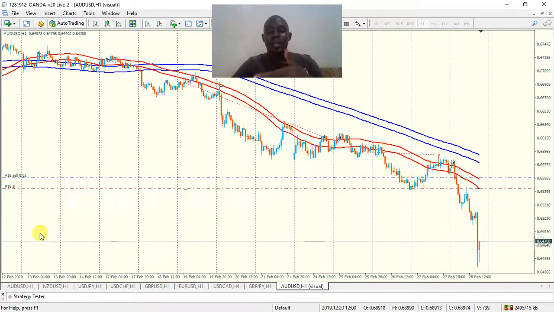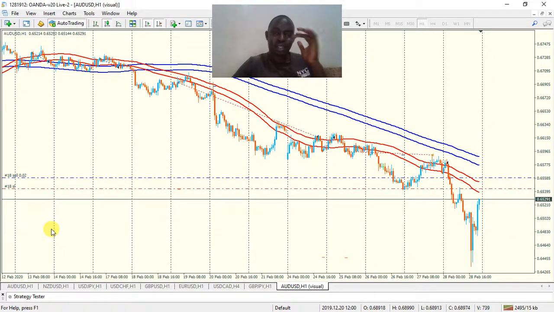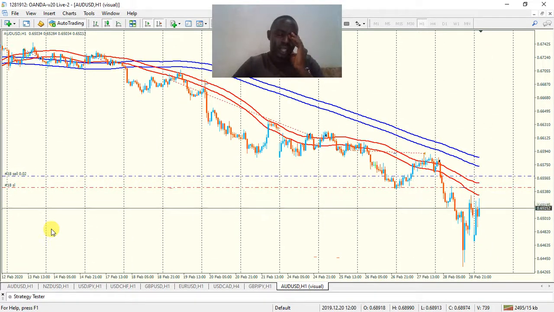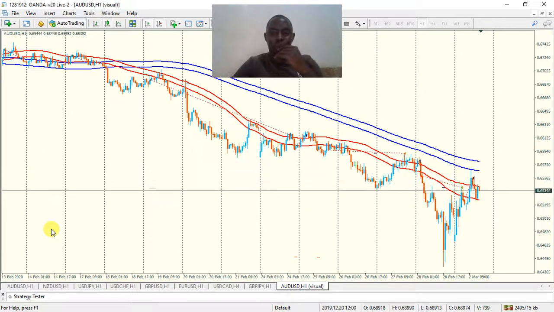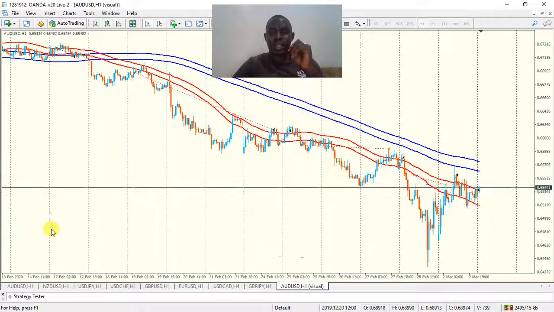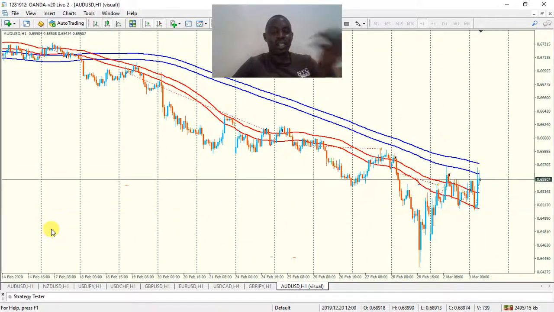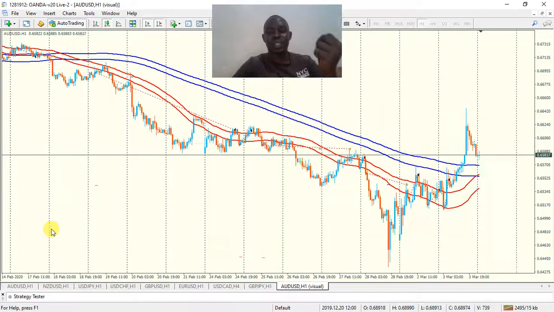So you keep on increasing instead of using what I call the arrogant martingale system. So it really is a system that I think would work for anyone. Very tiny losses, and it's easy to follow as long as the trend is down. It's just two simple moving averages.